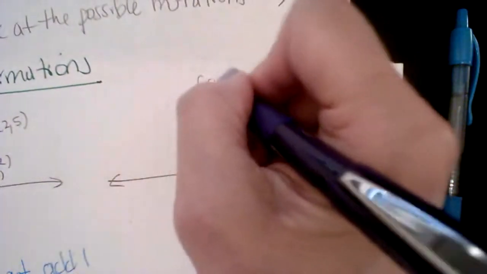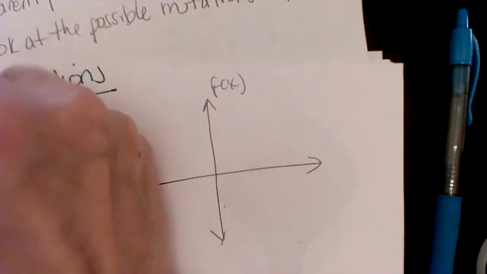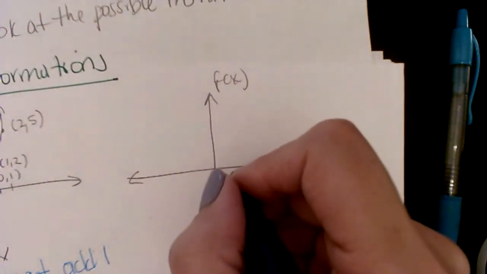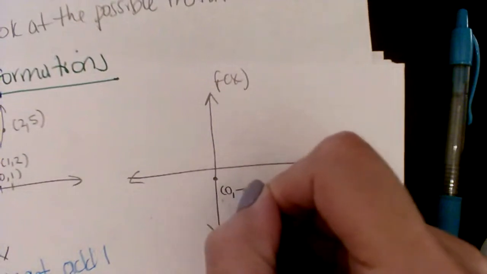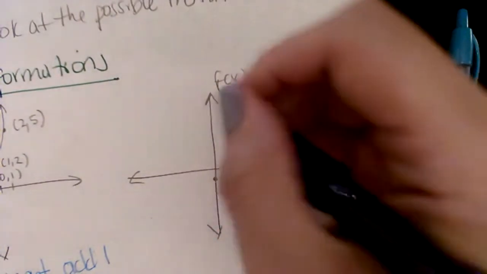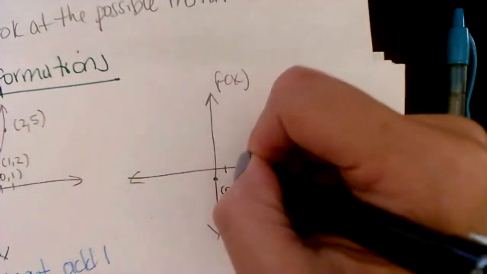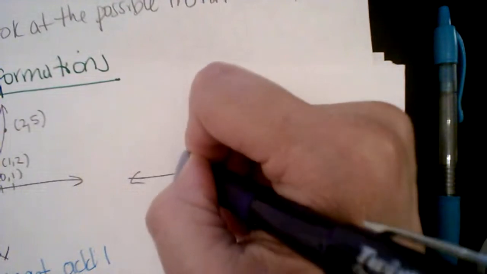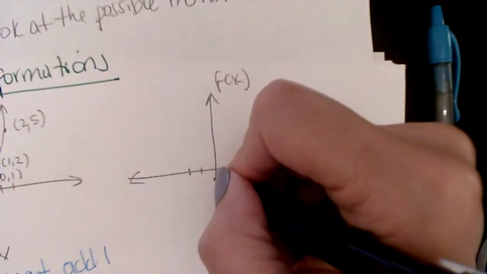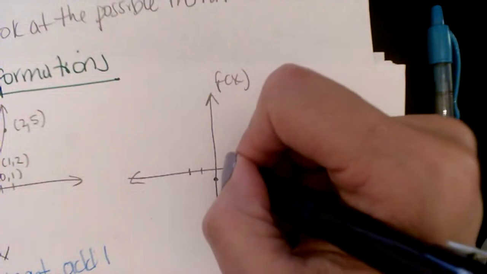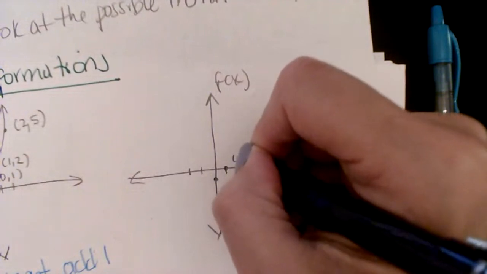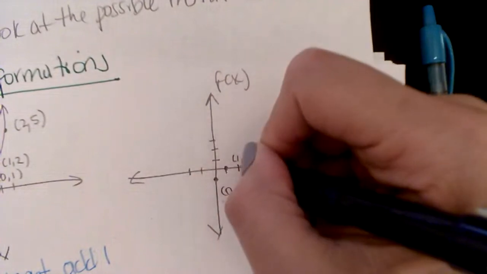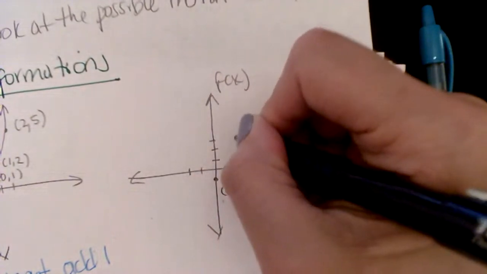Now, let's do this one over here. So we have f of x here too, but here's going to be our origin. We're going to have 0, -1, and we have a 1 here, a 2, and a 3. I go to 1, 0, and 2, 3.